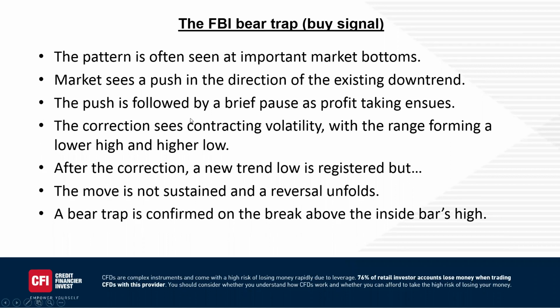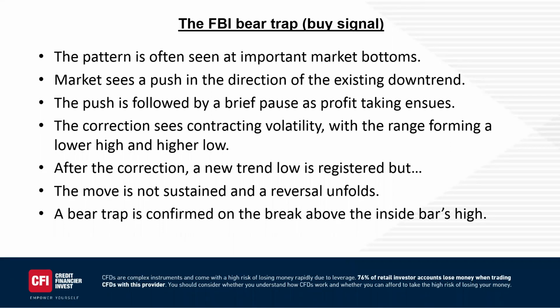And then we see the correction, which sees contracting volatility, where the range forms an inside range. So the high is lower than the previous bar's high, and the low is greater than the previous bar's low. So we see this contraction in range, contraction in volatility. So there's a kind of a state of equilibrium going on.